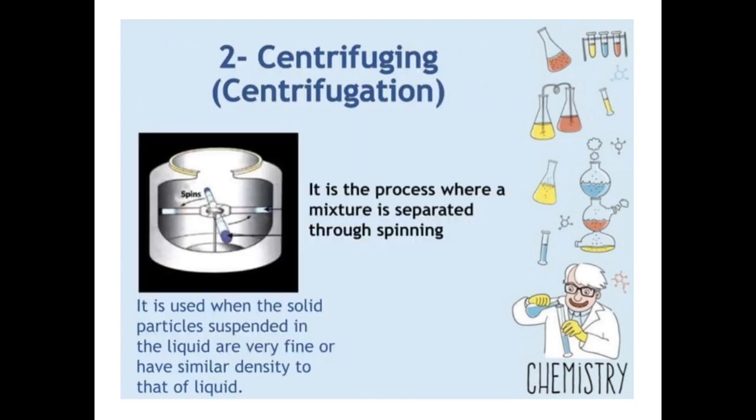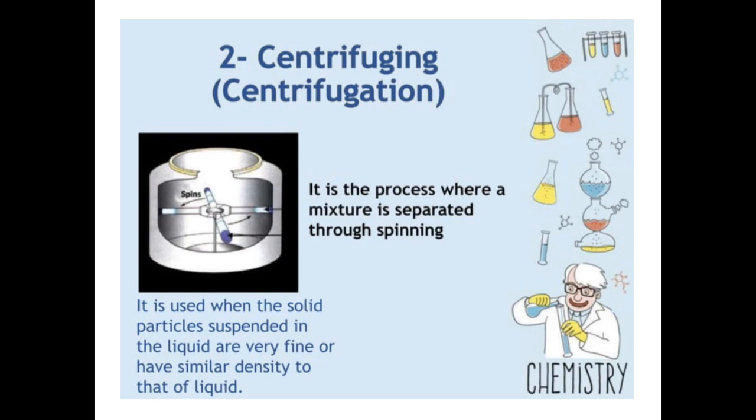Let's move to another one quickly. We go into centrifugation. Centrifuging is another method of separating a solid-liquid heterogeneous mixture. It is a process where a mixture is separated through spinning using a centrifuge.